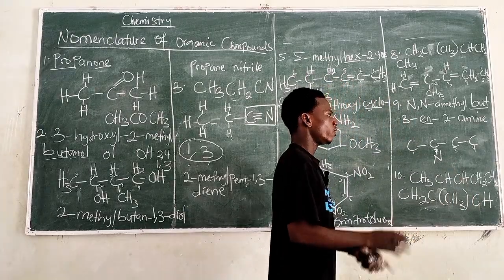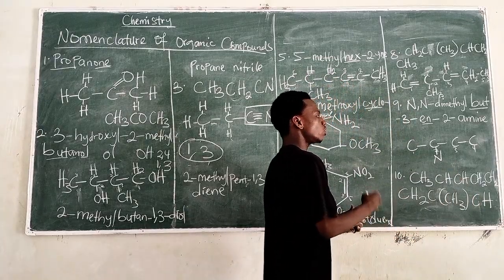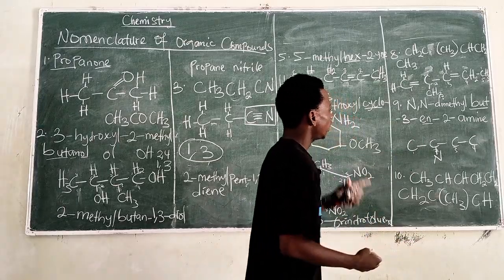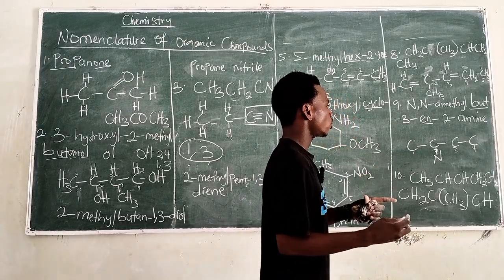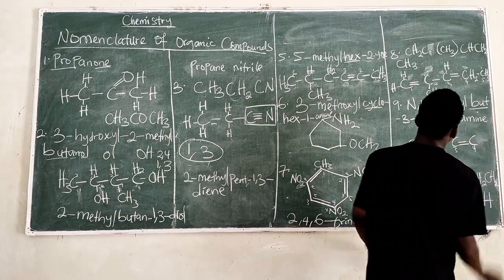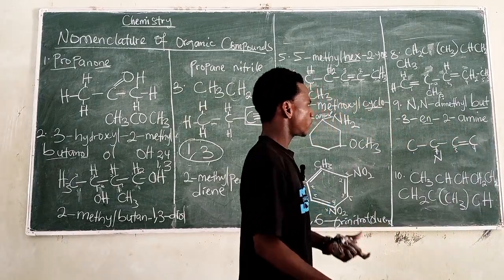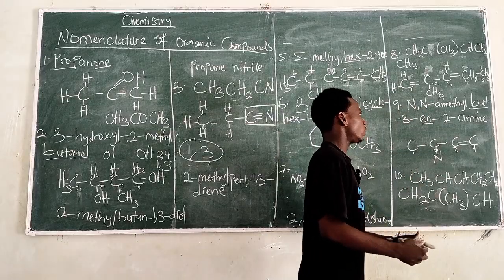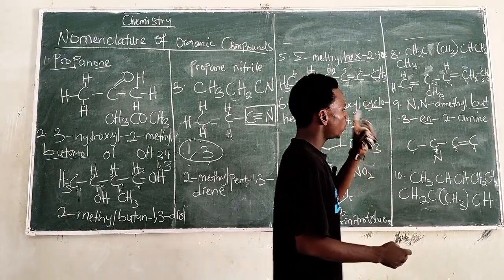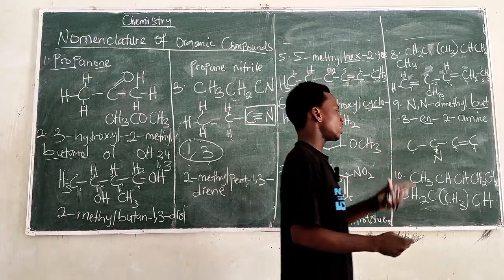Like I do say, forget about your hydrogen until you're done with your substituents. So on carbon 3, we have en, that is an indication of a double bond. So these are carbon 3, double bond. Is there any other substituent? Yes, N,N-dimethyl. N,N is indicating that we have 2 methyl groups attached to the nitrogen.